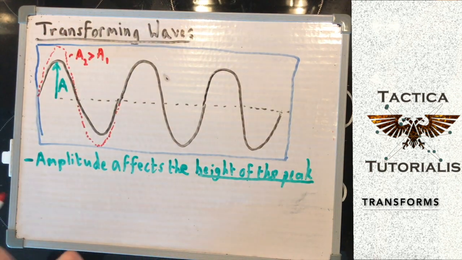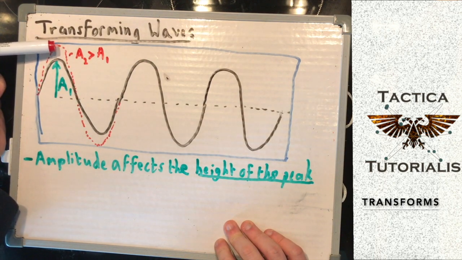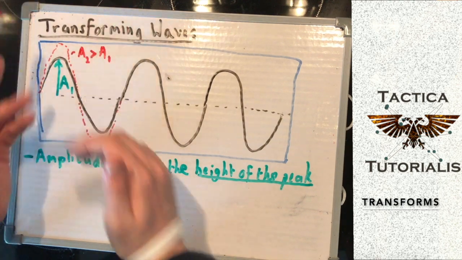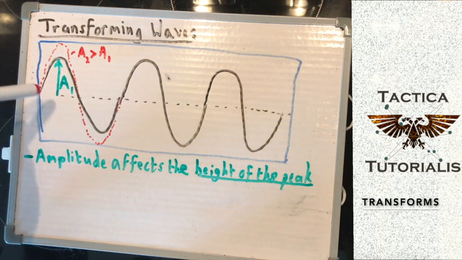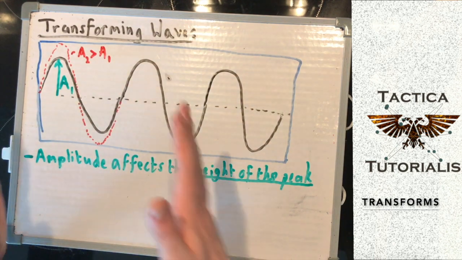Let's label this green arrow as A1. So if I have a greater amplitude on the wave, then the height of the peak increases. However, you'll notice that the length of the cycle of this dotted wave is the same as for the solid black line, because the amplitude does not affect that.